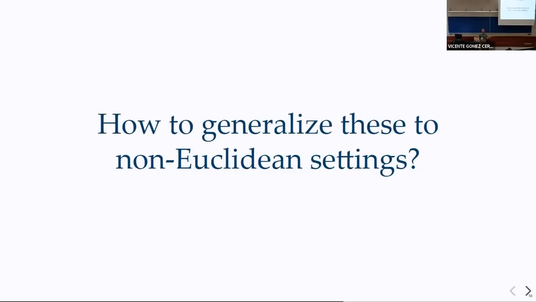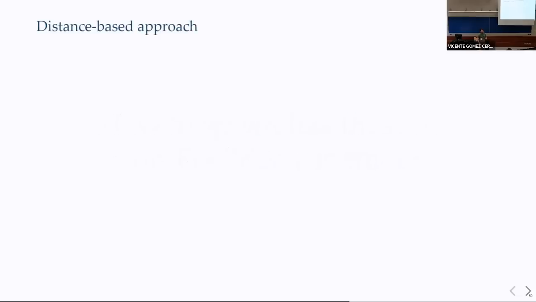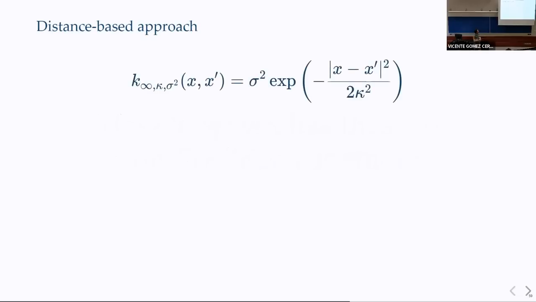And probably, if you think about this for 5 seconds, you will come up with something that I call here the distance-based approach, which is basically, let's look at this formula. Let's notice that it only depends on the distance between the pair of inputs.